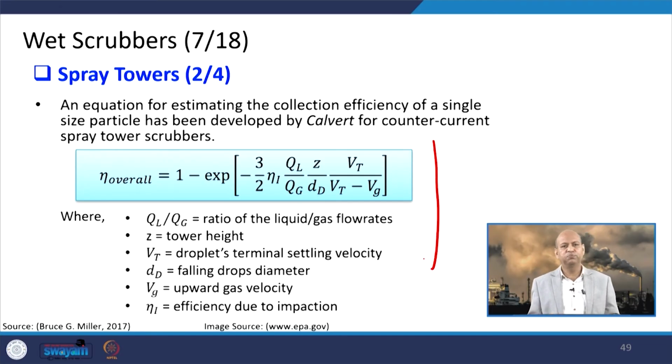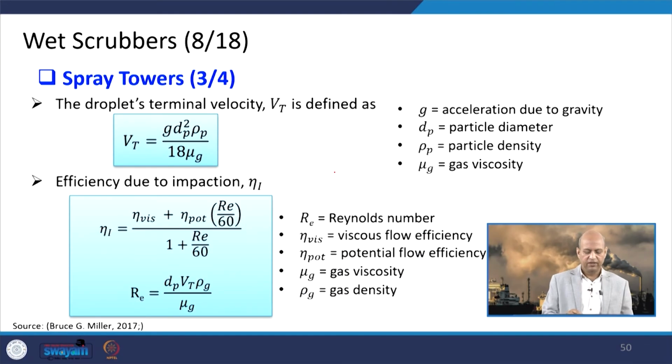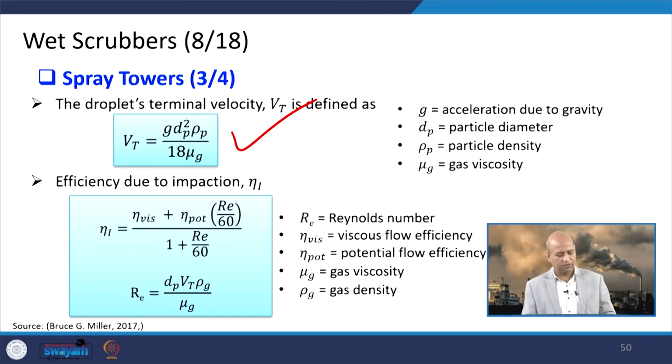by this relationship for spray towers, where we have tower height z, droplet terminal settling velocity, falling drop diameter, and the upward gas velocity, and efficiency due to impaction. All these parameters are used on the right side in the empirical relationship. Then terminal velocity, how to calculate, we have seen earlier in the case of the settling chamber also.